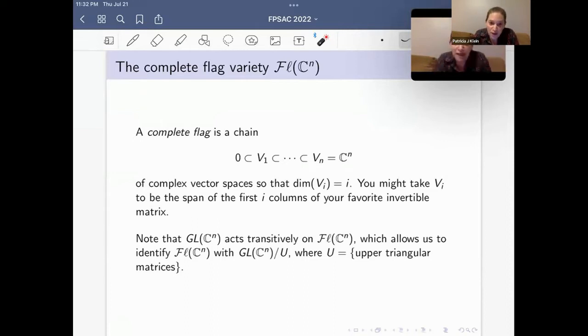And so we can use the orbit stabilizer theorem, really, to construct the space of complete flags from the general linear group. So the upper triangular matrices stabilize the flag that's determined by the identity matrix. And so we can identify the space of complete flags with GLn mod this stabilizer.